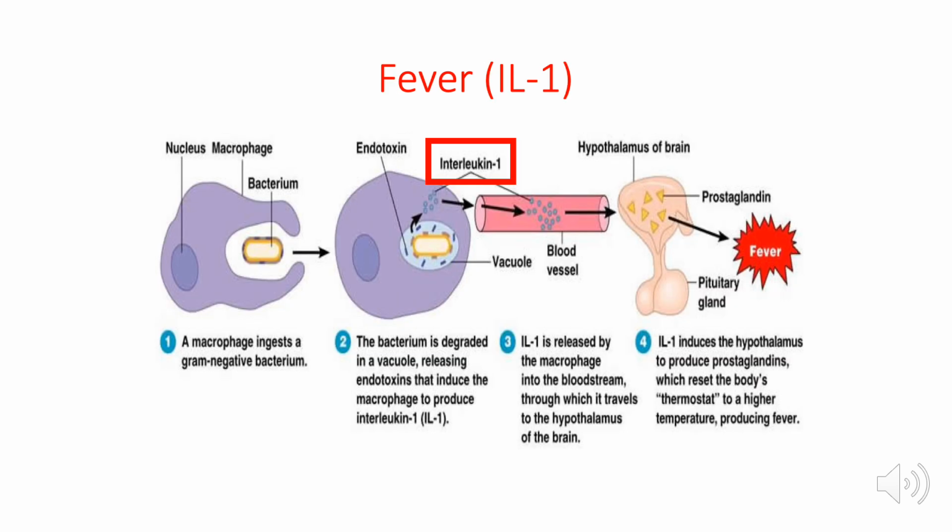You have here a picture of a macrophage, and let's assume that this macrophage has already presented the antigen to the T helper cell. This macrophage now, after it detaches from the T helper cell, will produce interleukin 1, the one in the red rectangle in the photo. This interleukin 1 will circulate in the blood and go to the hypothalamus.